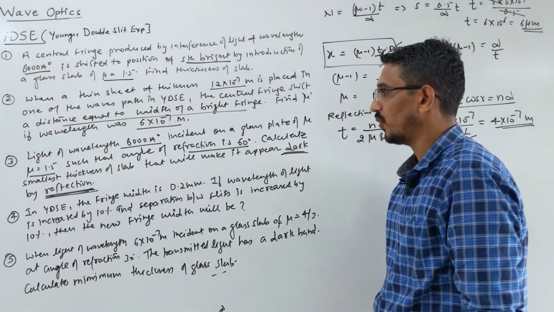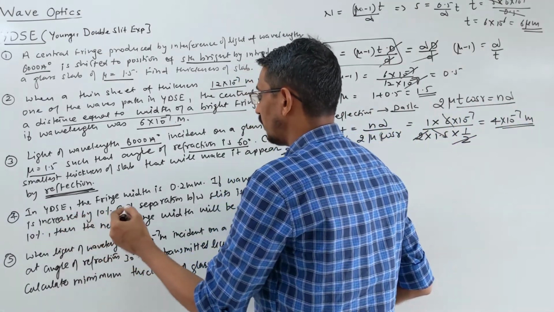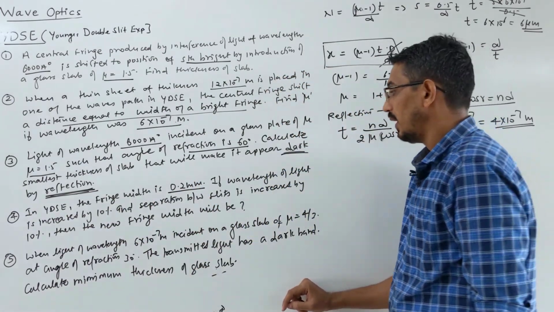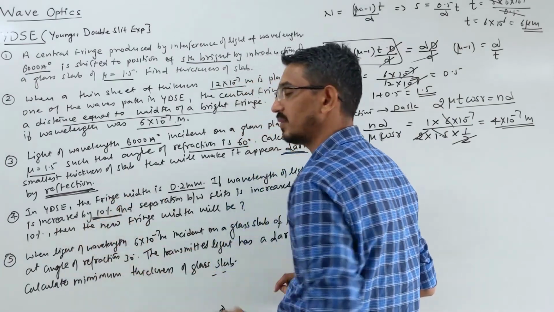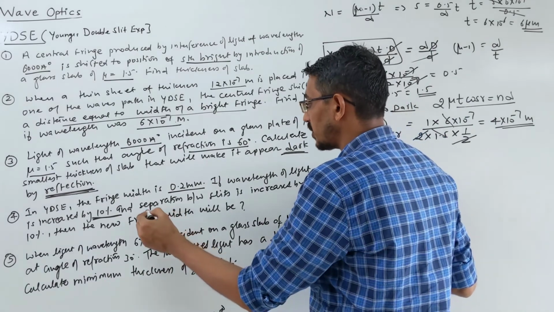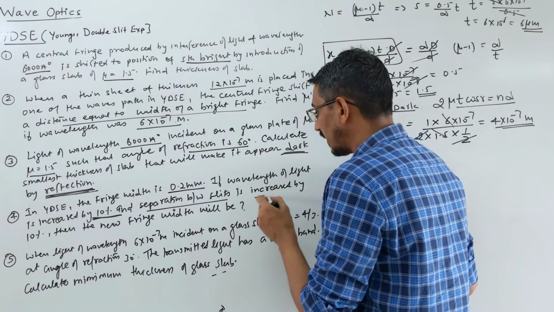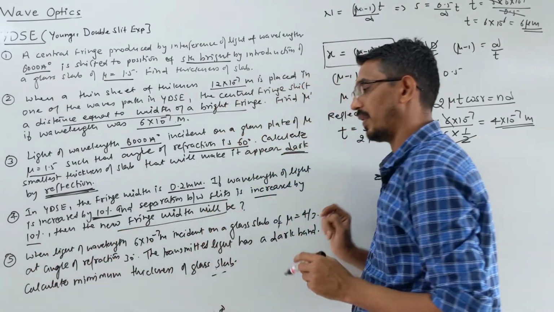Okay, let's see question number 4. They said in a YDSE the fringe width is 0.2 mm. If the wavelength of light is increased by 10%, and the separation between slits, small d, is also increased by 10%, then the new fringe width will be what?